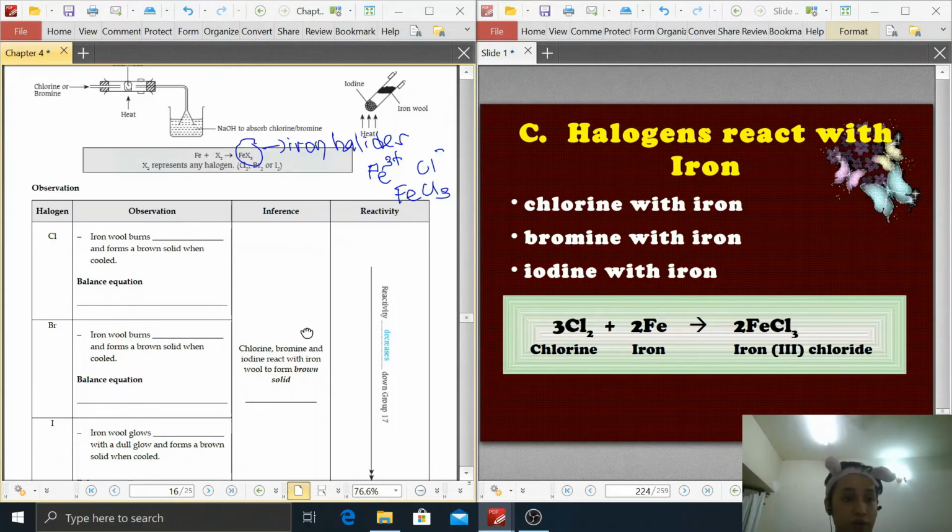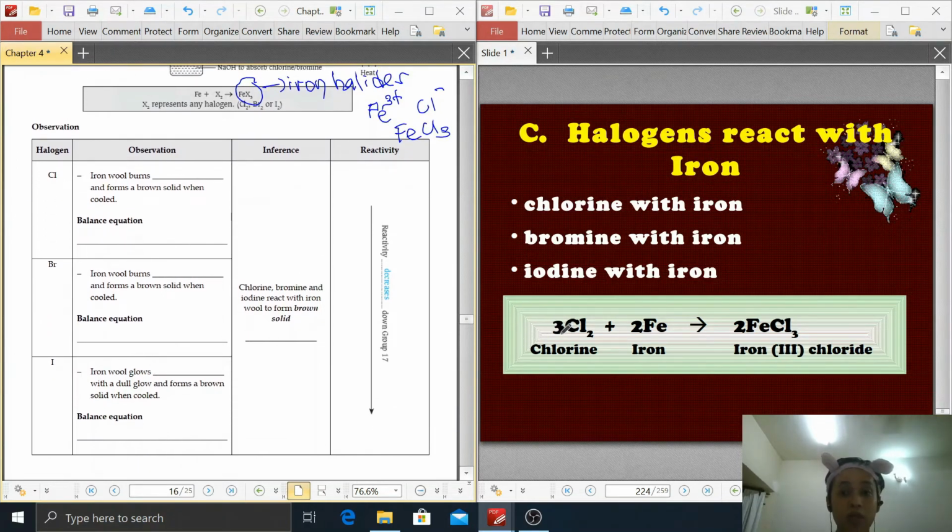So for the reaction with the iron wool, the observation is the same because reactivity decreases. It burns, we say, very brightly, because as you can see from the video, they burn immediately, and then form a brown solid when cooled. So this is the balanced equation.